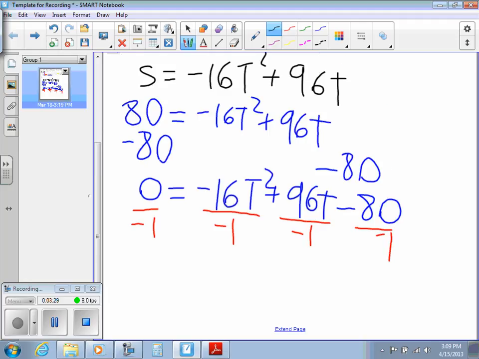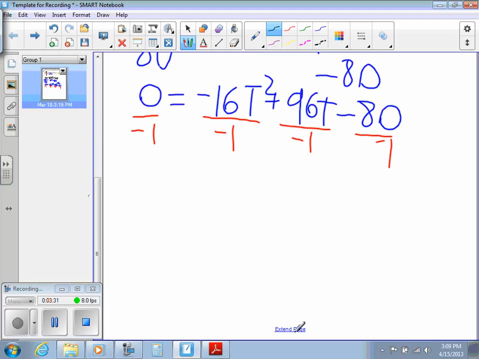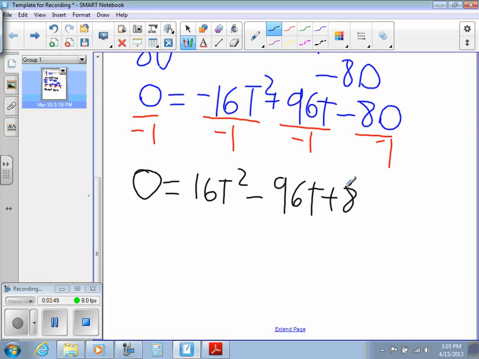And of course, when we divide 0 by negative 1, it doesn't change a thing. Then we end up with 16t squared, which is now positive, minus 96t, now negative, plus 80, now positive. Okay, and we're going to factor and solve.